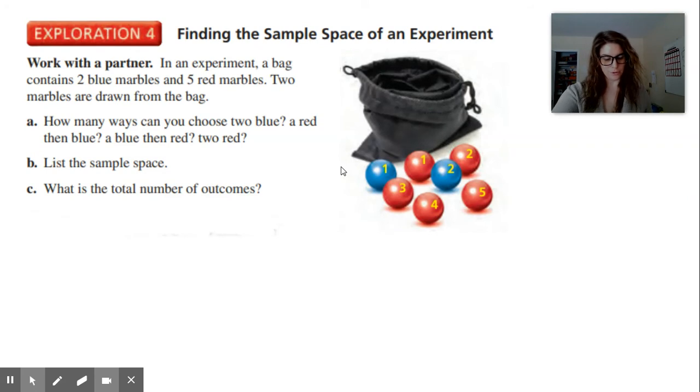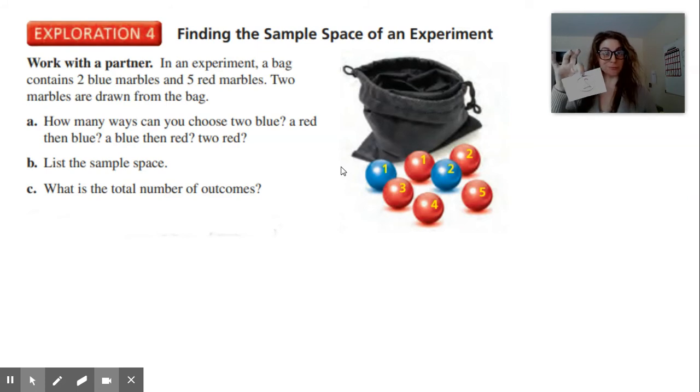For the red, then blue. Okay, so I'm going to put all my reds first. I can pick red 1 and blue 1. I could pick red 1 and blue 2, right? Well, I can do that for all numbers of red. I can pick ball 2 red and blue 1.